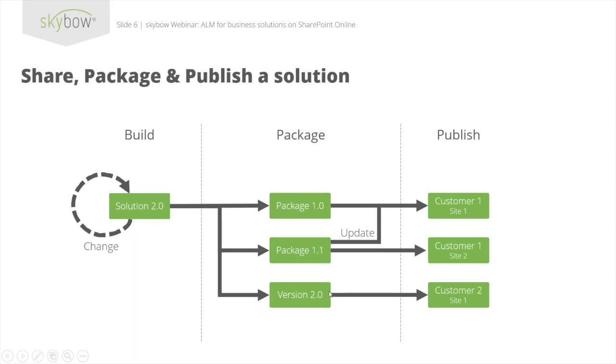It would be possible to update this site as well, but then we would have too many arrows in here. But these are all the possibilities: update, or take a new version on the same customer or another customer. This is how it works from a theoretical perspective.